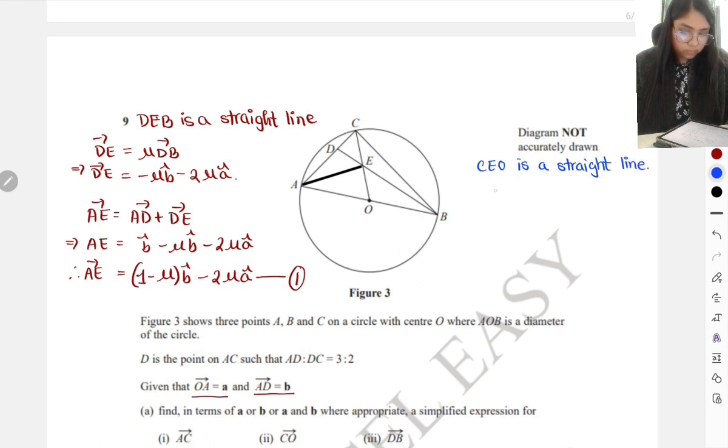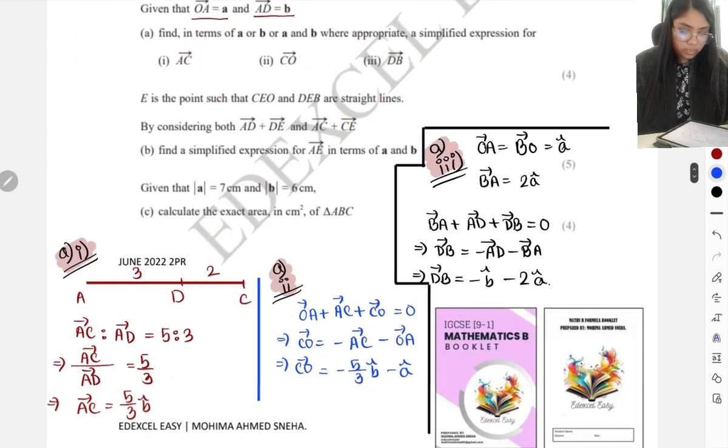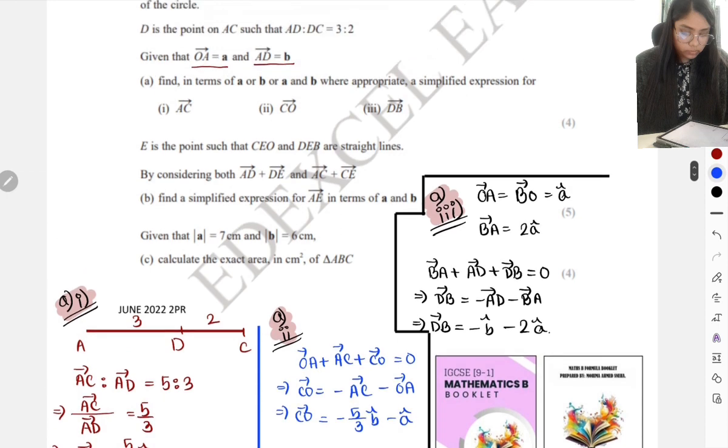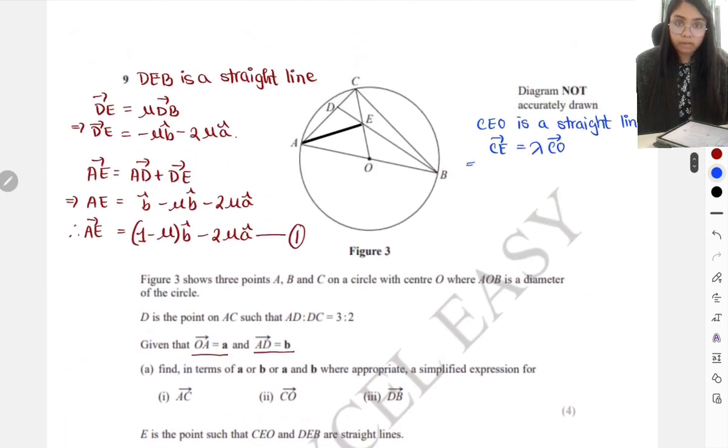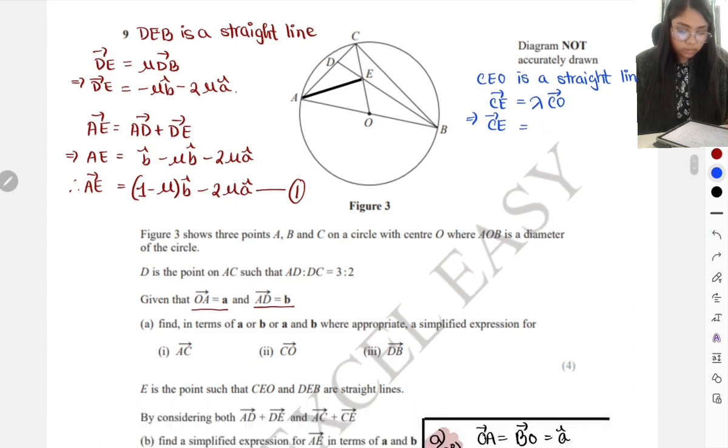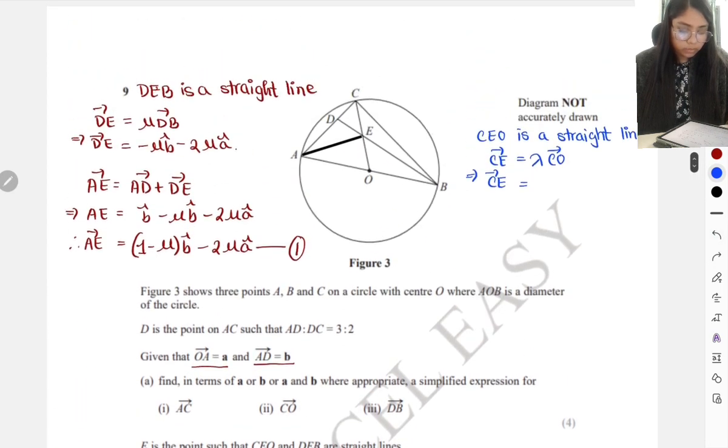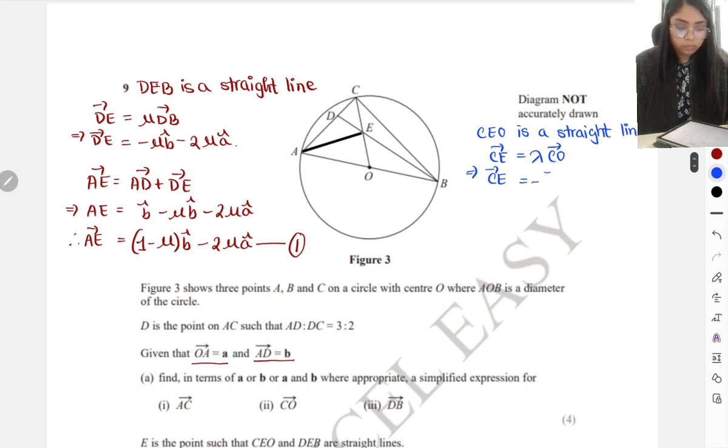which means that CE is equal to lambda times CO, right? And for CO, the value we calculated was minus 5 by 3 b minus a. So I can just write directly that CE is minus 5 by 3 lambda b minus lambda a. Okay, so we have the value for CE now.